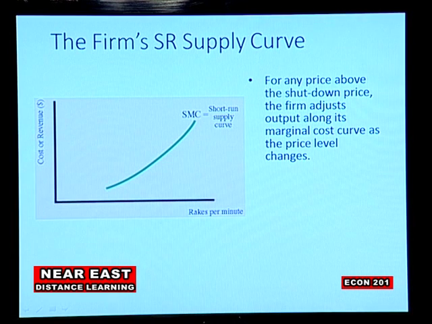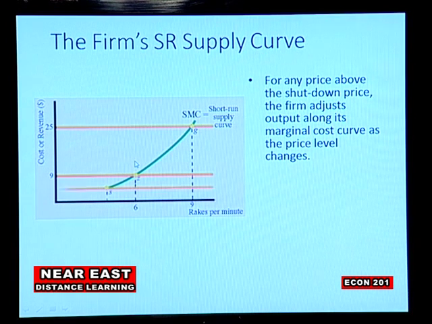Then the short-run supply curve. The short-run supply curve is nothing but the short-run marginal cost. So we can see that here this is the marginal cost at 4 units. I mean, when the price is 5, then a total of 4 units of output is produced. When the price is 9, then 6 units of output is produced. And if the price rises to 25, then 9 units of output is produced.